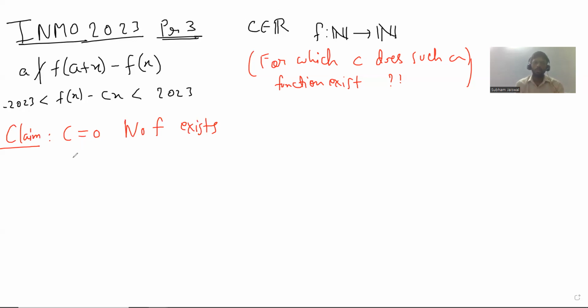Right, so c is equal to 0, so then our f(x) is constrained between 2023 and 0.